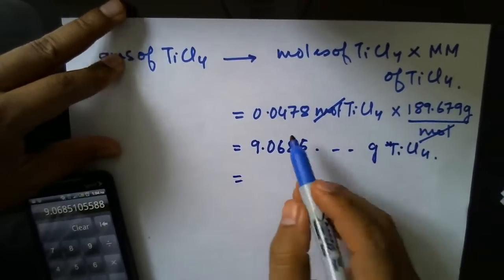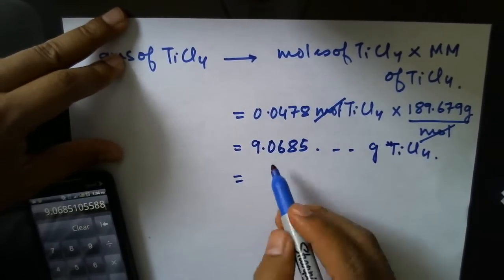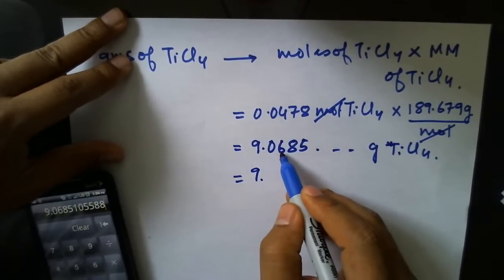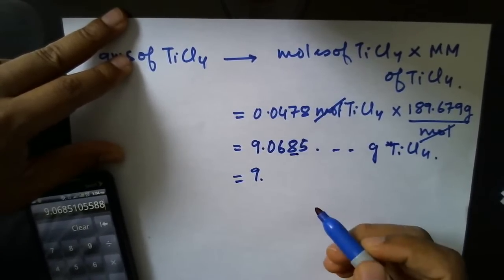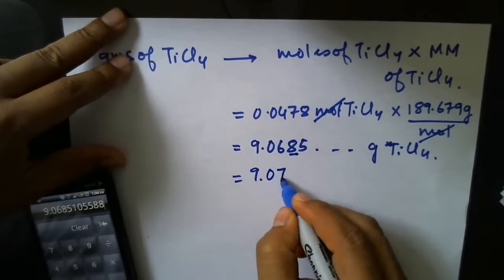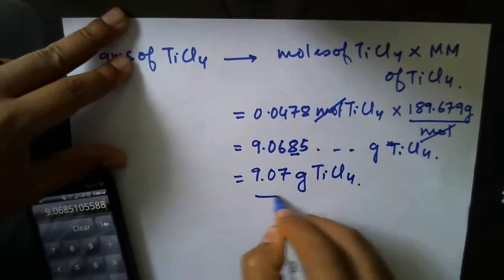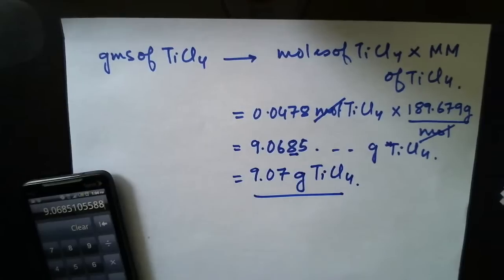But what you want to do is you want to limit your answer to 3 significant figures. So you can clearly see out here 1, 2, 3, that's greater than 5, so your answer should be 9.07 grams of titanium tetrachloride. And that's the answer.